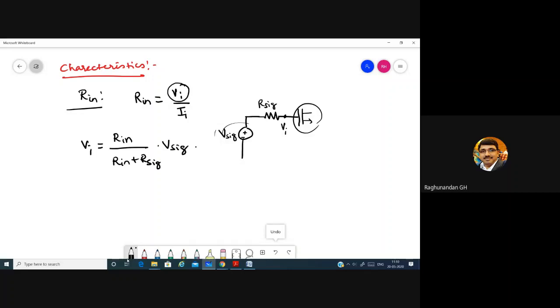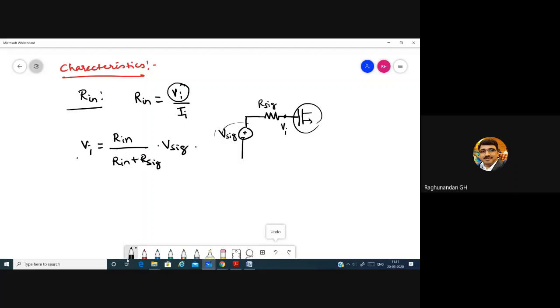It is just the voltage divider formula, where Rin is the input resistance of the MOSFET, Rsig is the external signal resistance which we are connecting, and Vsig is the main source. So by the voltage divider rule, we can find it out.